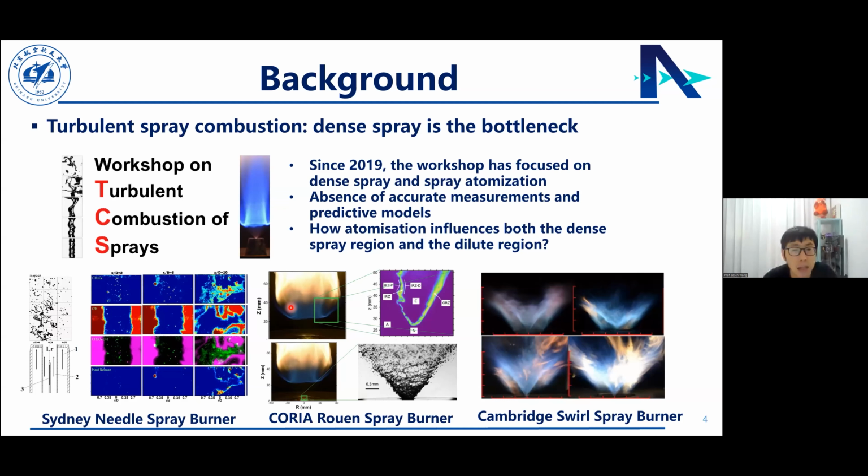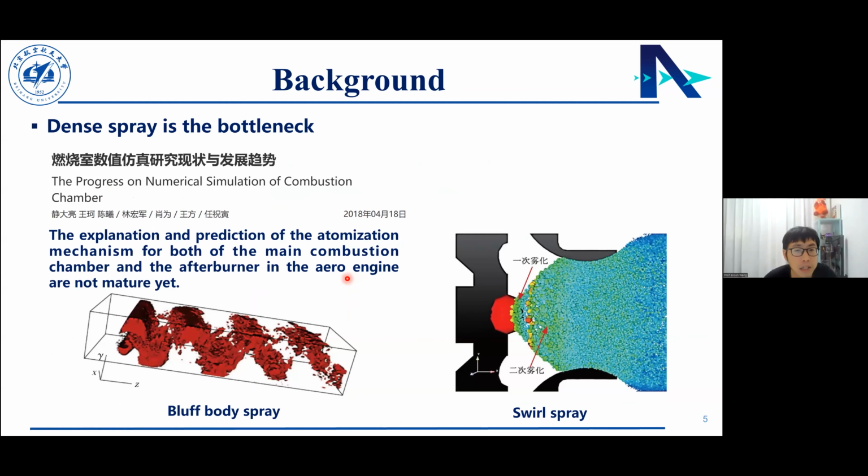And I will talk about another background, the progress on numerical simulation of combustion chambers in China. Four years ago, people from industry, Beihang University and Tsinghua University, as we know, Professor Yuan from the last talk, also gave a review paper on this topic.